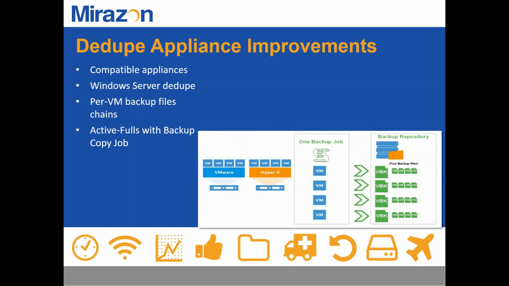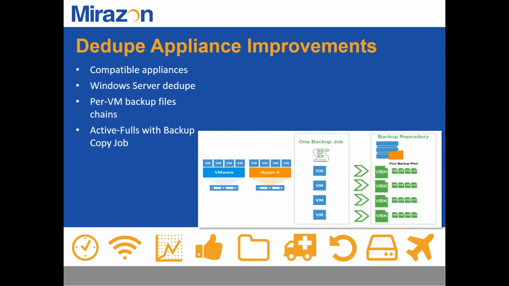From a vendor perspective, we have storage integrations specifically with particular appliances. But from a general perspective, we've made a lot of enhancements on the back end with our backup files. The per-VM backup file ability now enables us to have multiple streams writing to multiple VBKs, meaning we're putting each VM in its own VBK.